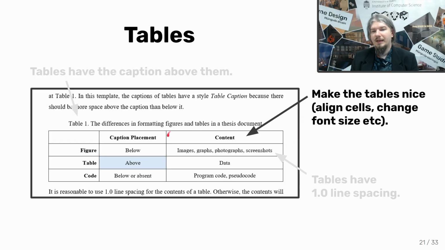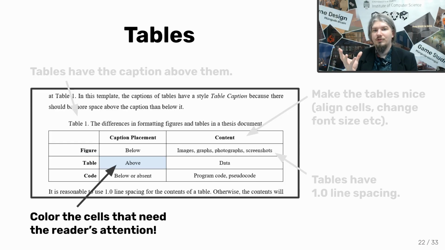So for example, here we have these header cells, a header row and header column. In this example, they are bold. It will show that in this column we have content, in this column we have caption placement, in this row we are talking about figures, here tables and here code. One tip here is to make sure that the header cells are visually distinguishable from the actual content cells.